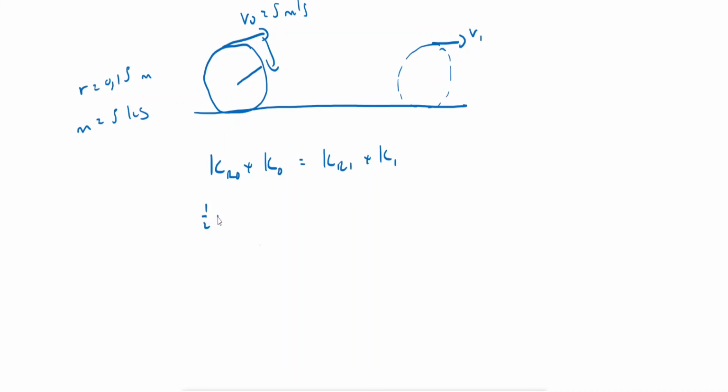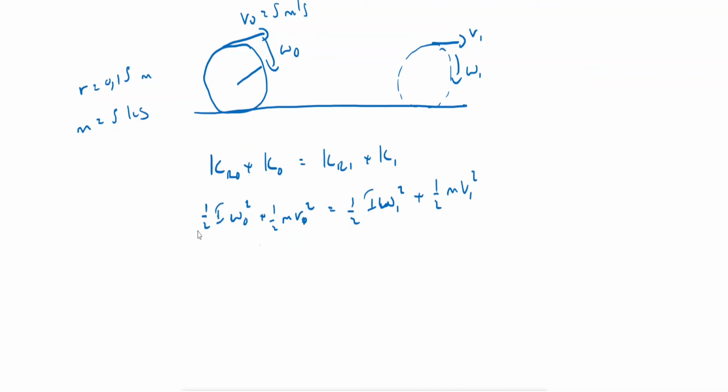This is half I omega 0 squared plus half m v0 squared, equal to half I omega 1 squared plus half m v1 squared.